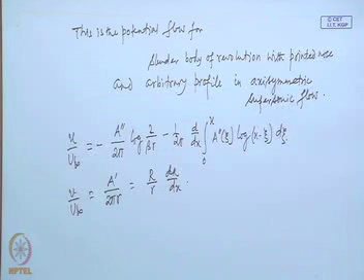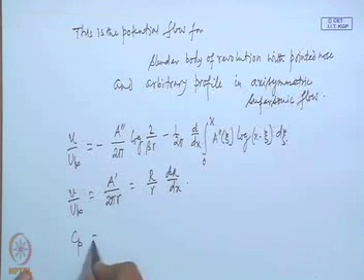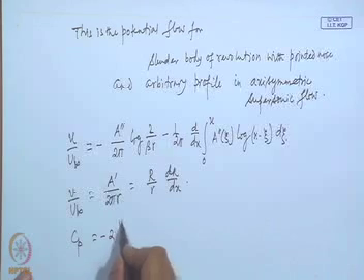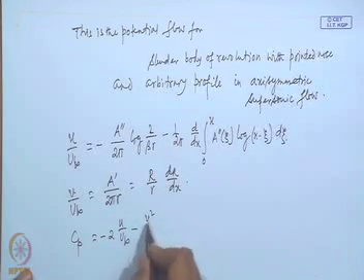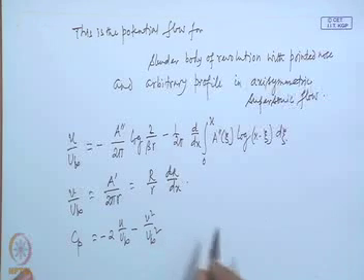Now, C p of course, we can get. The pressure coefficient is minus 2 u by u infinity minus v square by u infinity square.